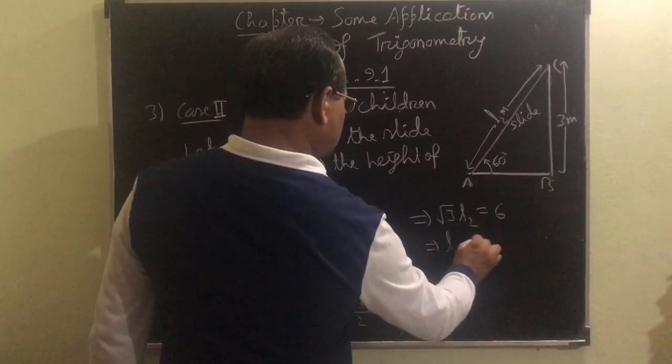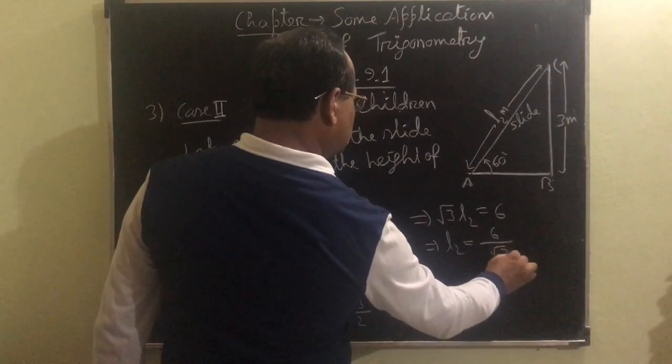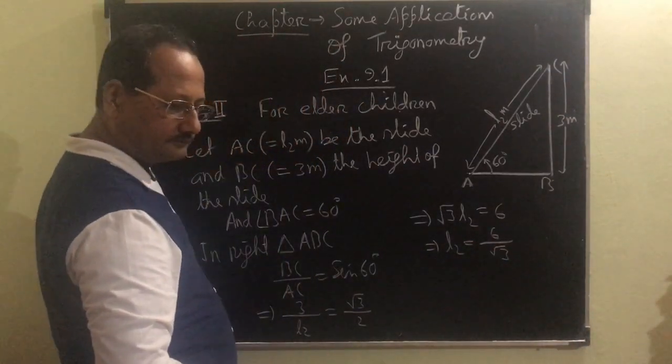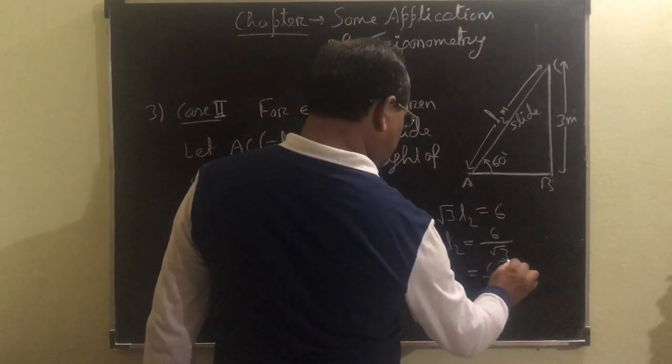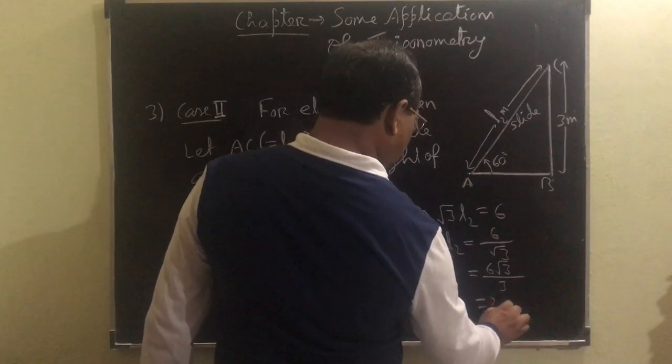So L2 equal to 6 by root 3, that is 6 root 3 by 3, that is 2 root 3.